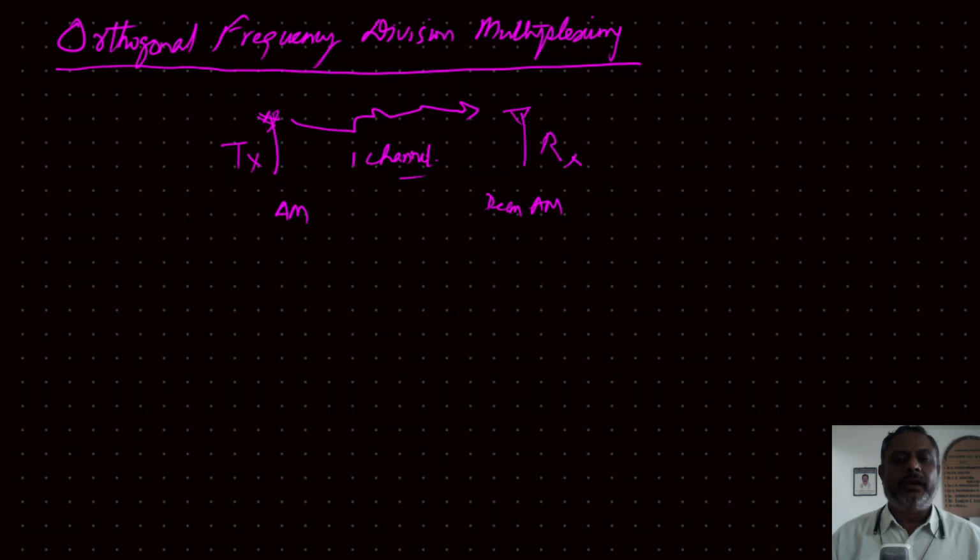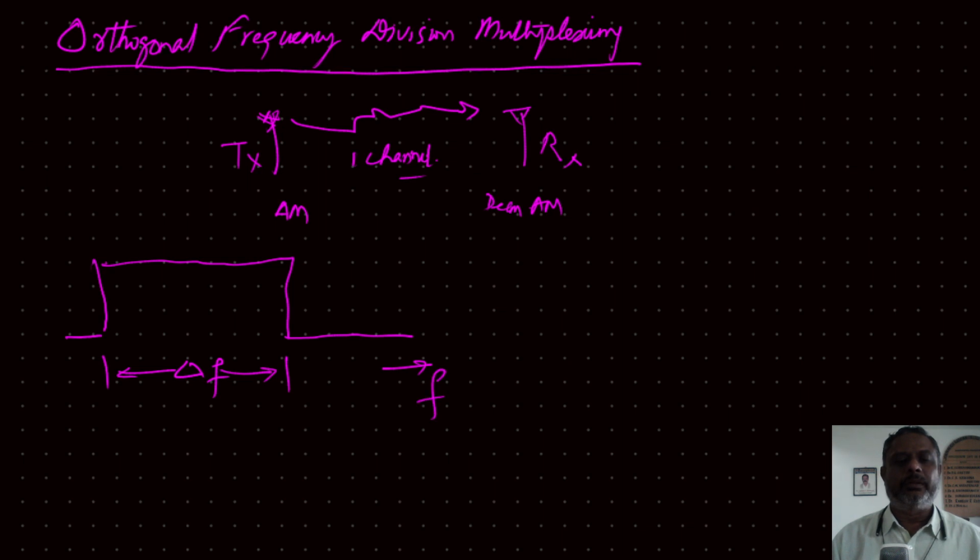There is another way of working with one channel. This channel has got a bandwidth delta F available to it, and this is our frequency axis. So this available delta F was used to modulate the encoded signal.